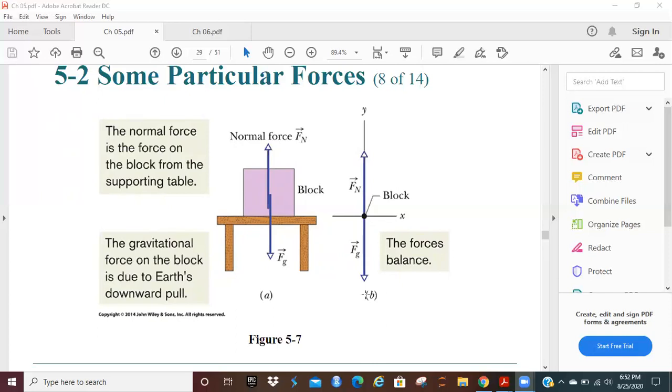They cancel each other out. That's right, they're equal forces, but in opposite directions. If they were unequal, then the block would be moving one direction or the other.